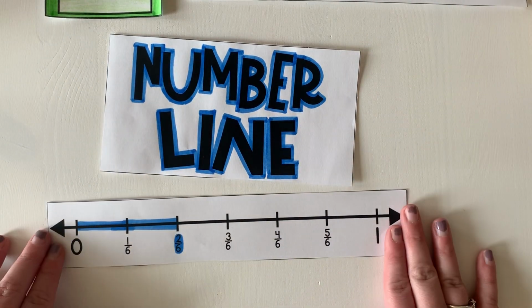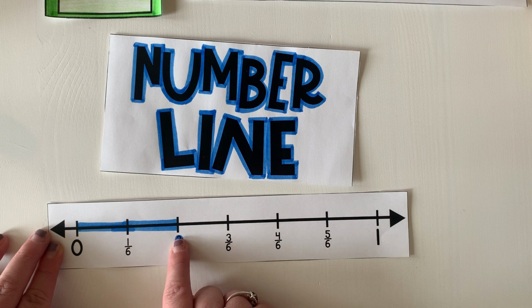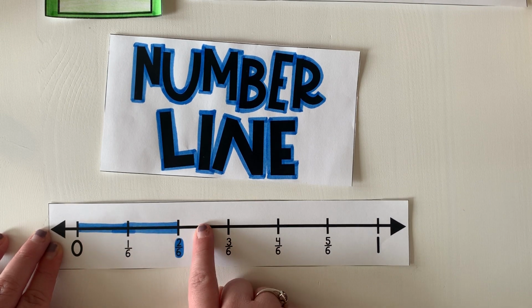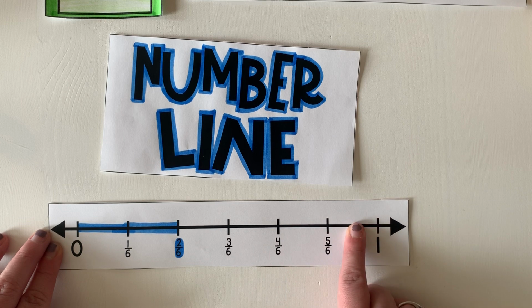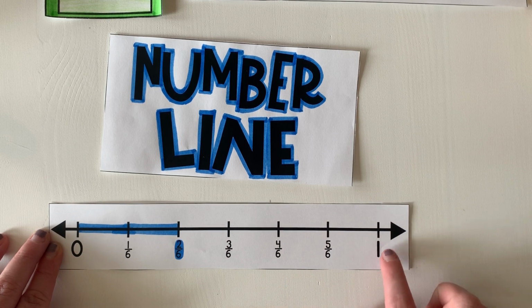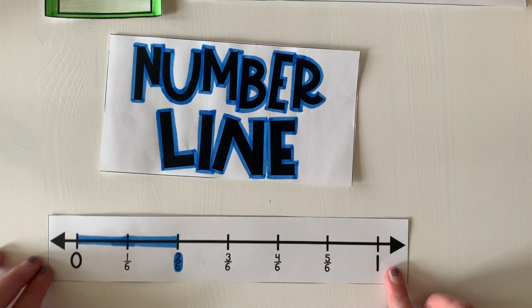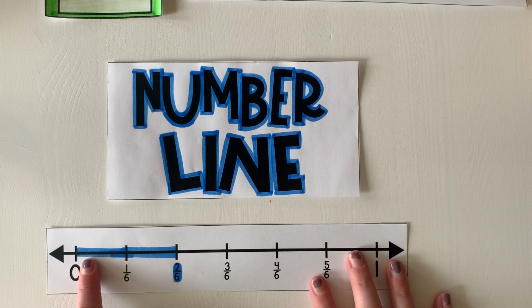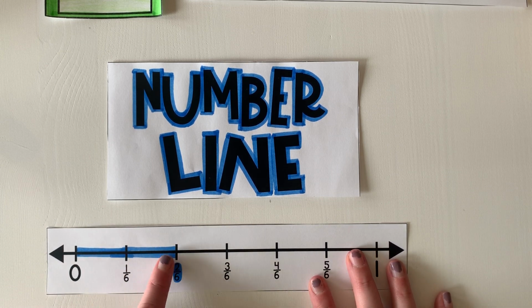So on this number line, there's smaller pieces of the whole split up. So there's 1, 2, 3, 4, 5, 6 different chunks of the number 1. So if I don't have a full number, I can have parts of it. So on this line, the amount of parts that I have colored in is 1 part, 2 parts. So 2 parts out of 6.